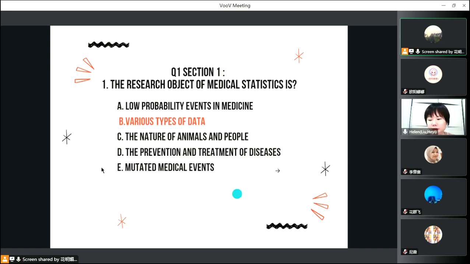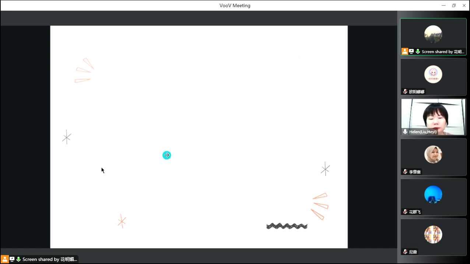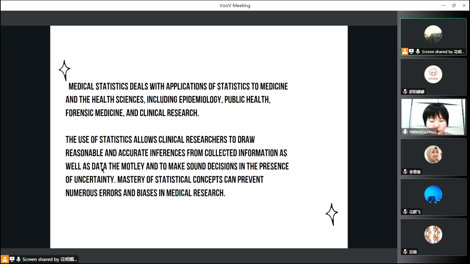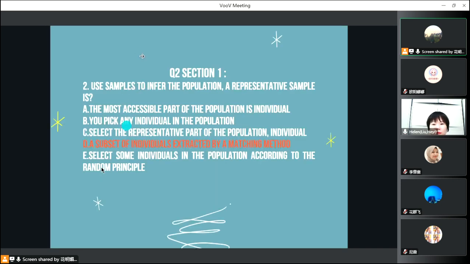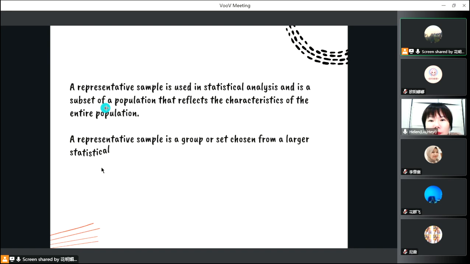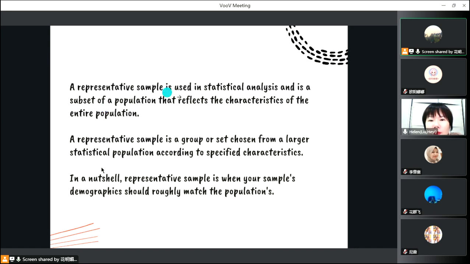Thank you. And then we move on to the second question. The second question of section 1 is, use samples to infer the population, and a representative sample is. A representative sample is used in statistical analysis and is a subset of a population that reflects the characteristics of the entire population.